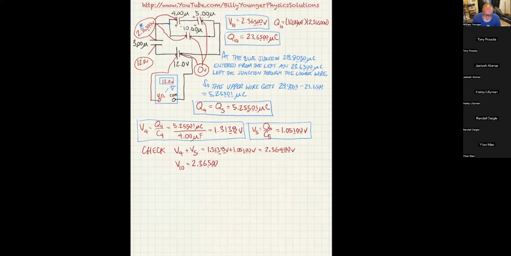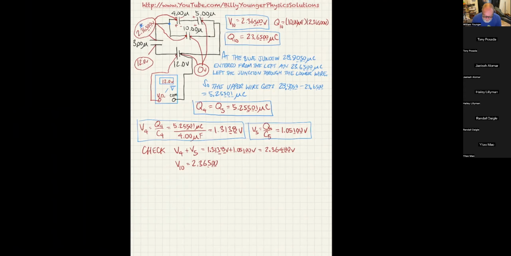Then I used basically Kirchhoff's junction rule to figure out what charge went to Q4 and Q5. And that was just a matter of taking 28.9050 and subtracting from it the amount that went to the 10 microfarad capacitor, which is 23.65. And that gave me 5.25501 microcoulombs.